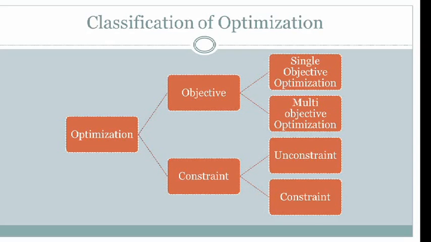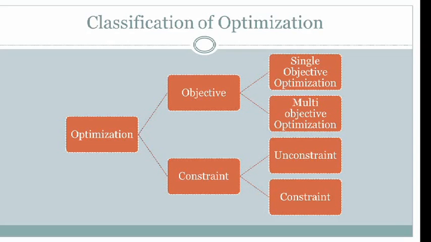And multimodality. If an optimization problem is multimodal, I mean there are several peaks, or I may say there are several maxima or minima, this type of problem is called a multimodal problem.